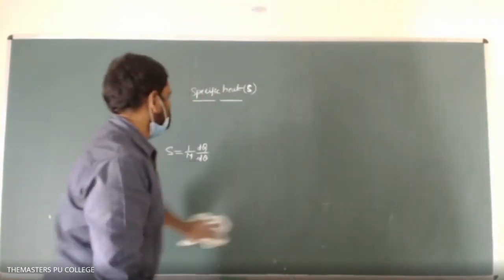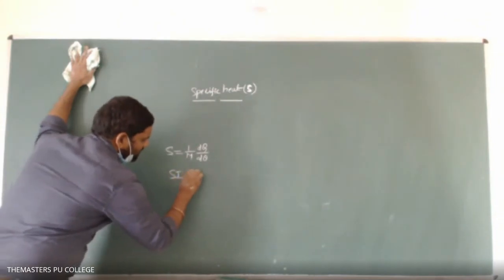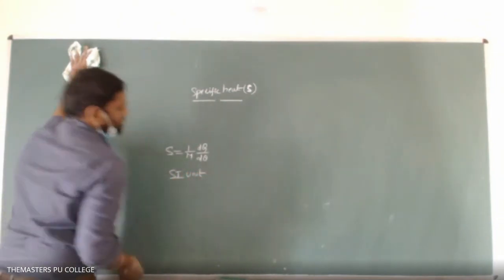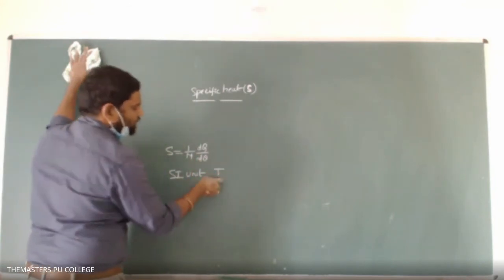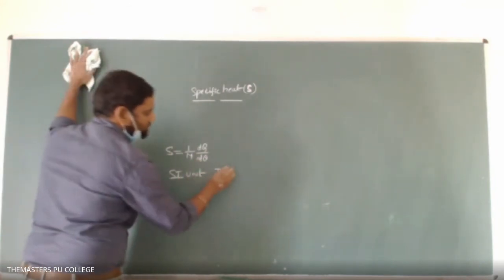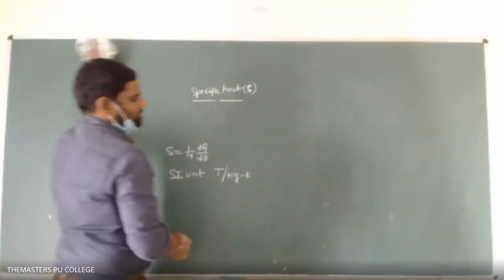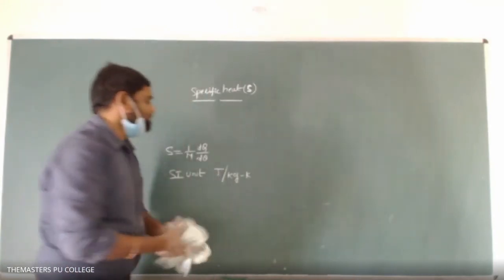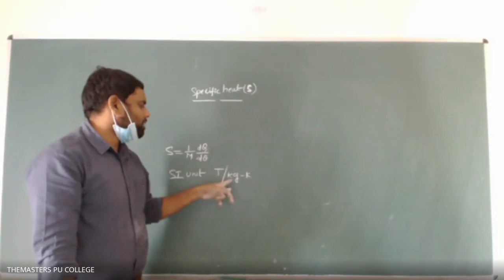So what is the SI unit of the specific heat? The SI unit will be, numerator joule, denominator mass and temperature, so joule per kelvin per kg. Kelvin is the SI unit of temperature, and it can also be measured in calorie per kg kelvin, or calorie per gram centigrade.